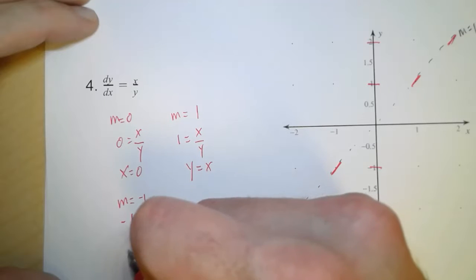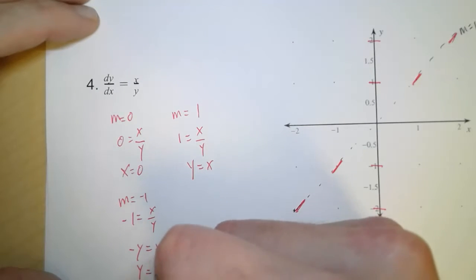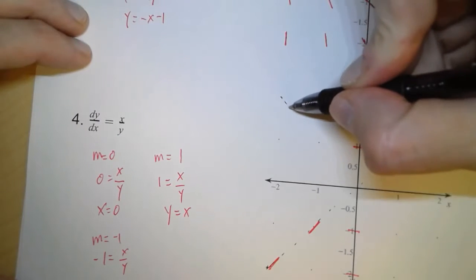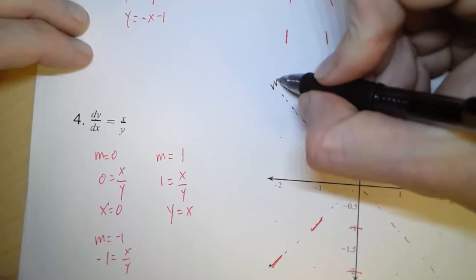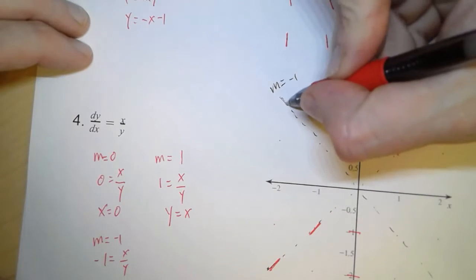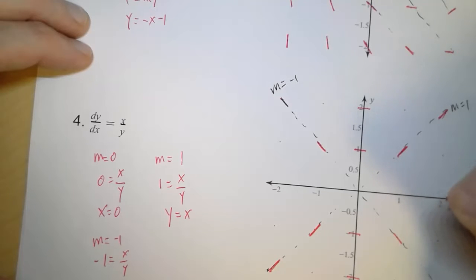So that means -y equals x, or we're more familiar with y equals -x. So at this point, all of these points have a slope of -1. Again, I don't include the origin.